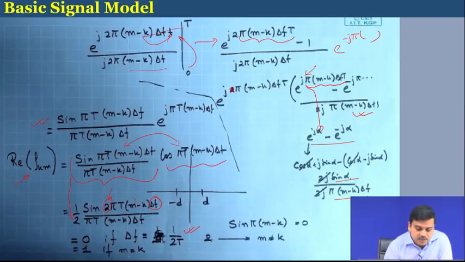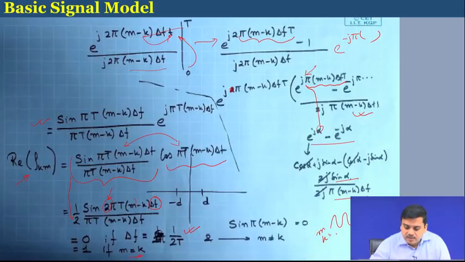So, if m is equal to k, that means when we are having the signal, and m is this and k is also equal to this, the same signal, we get the value of 1, whereas when m is not equal to k, we will get a value of 0, because by setting this equal to 0, we get this separation of frequencies.